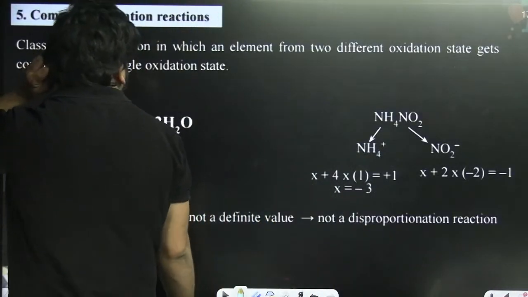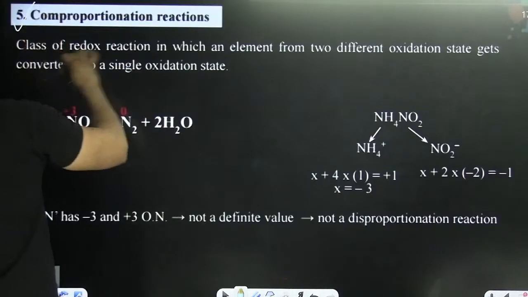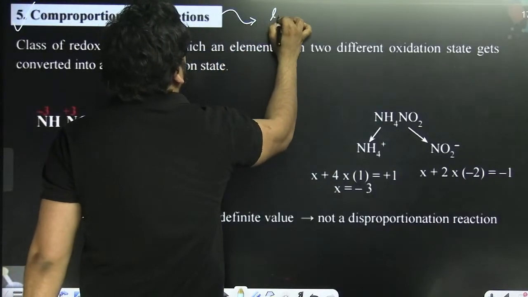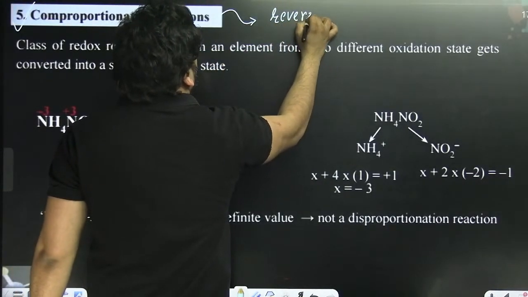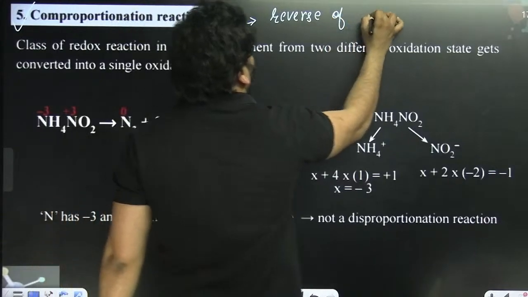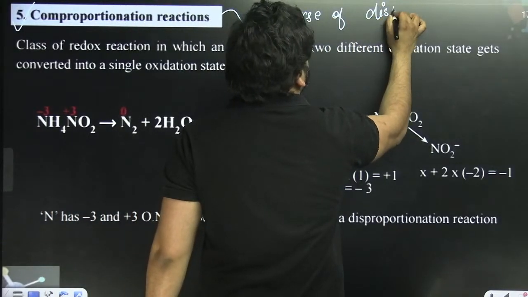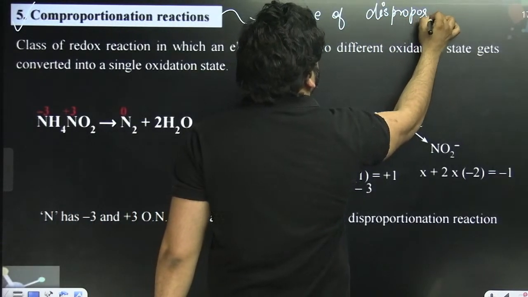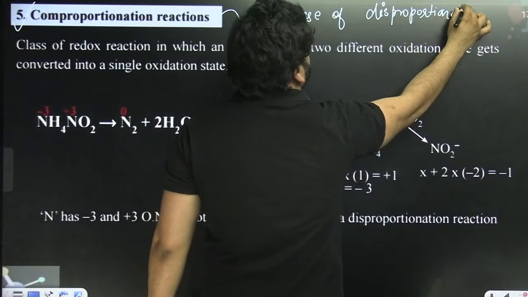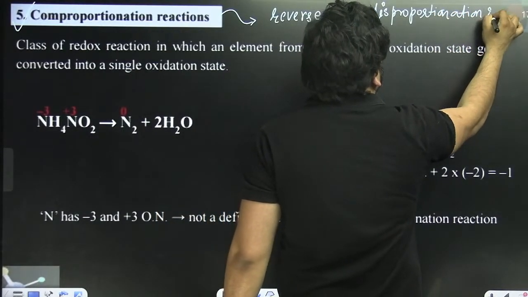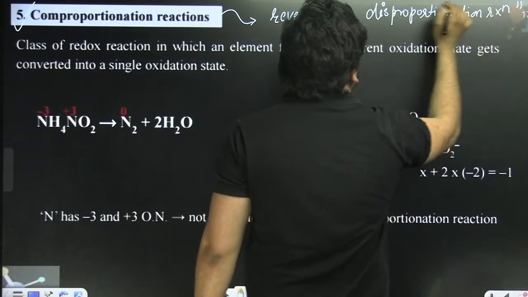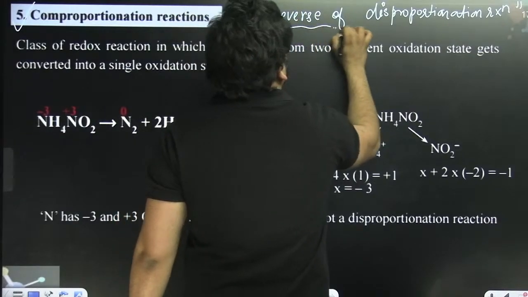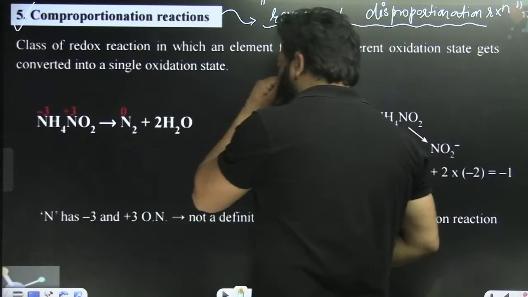A similar type of reaction is called comproportionation, which is just the reverse of the disproportionation reaction, called comproportionation or symproportionation reaction.